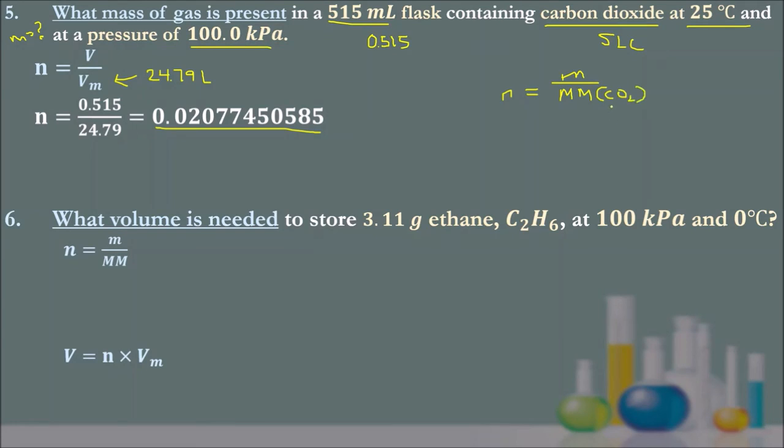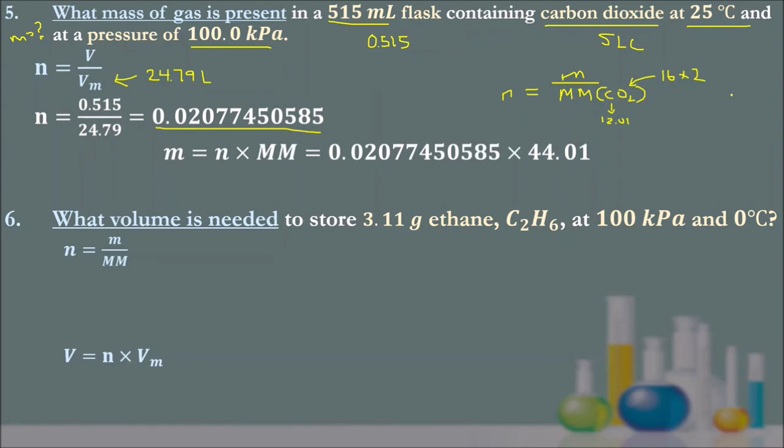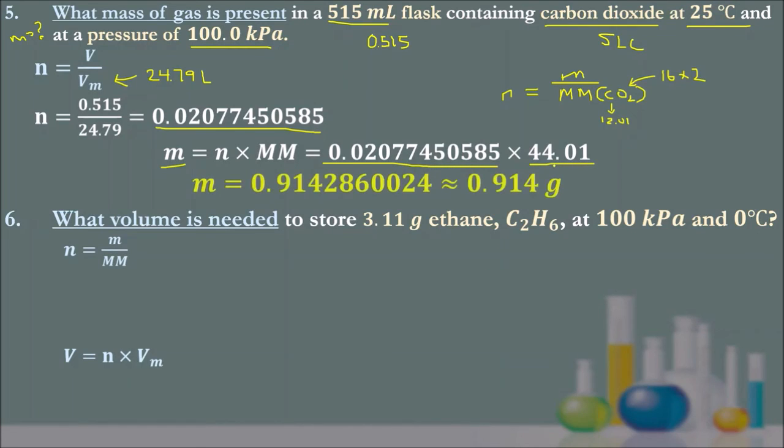Carbon dioxide's molar mass is about 12.01, and then an individual oxygen atom is about 16, so times by 2. So I work that out to find the mass. That's the number of moles, that's the molar mass of carbon dioxide, and I round off to about 0.914 grams. Okay, straightforward enough.